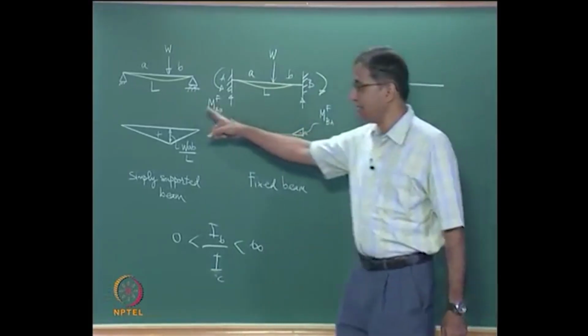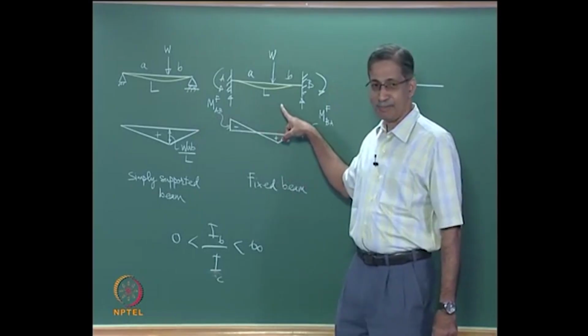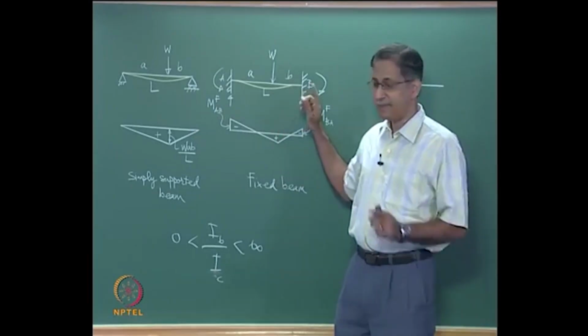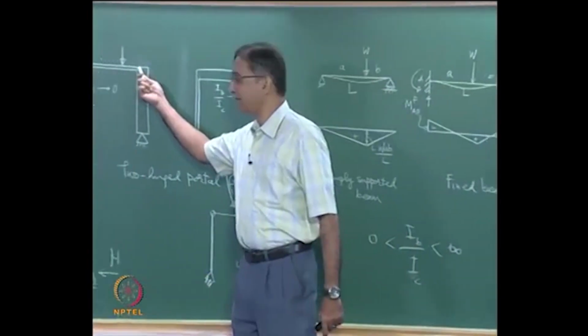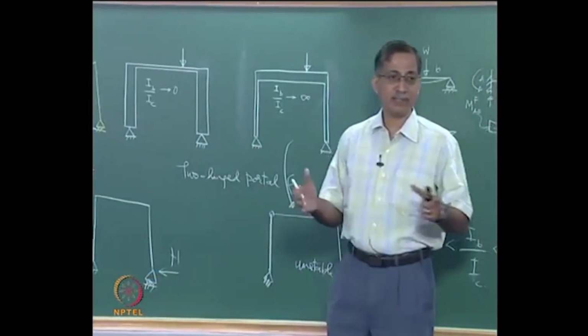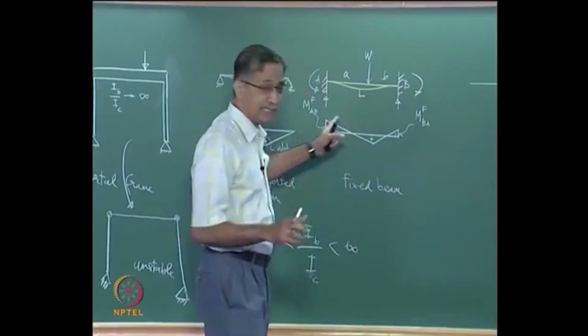Tell me. This model is one limit, this model is perhaps another limit, where there is no rotation possible at the beam-column joint because the columns are very stiff, so it is approaching fixity conditions.